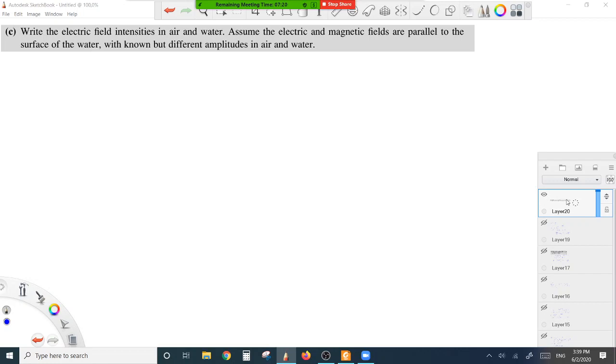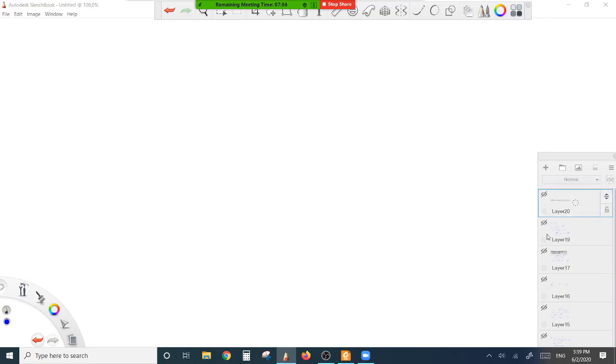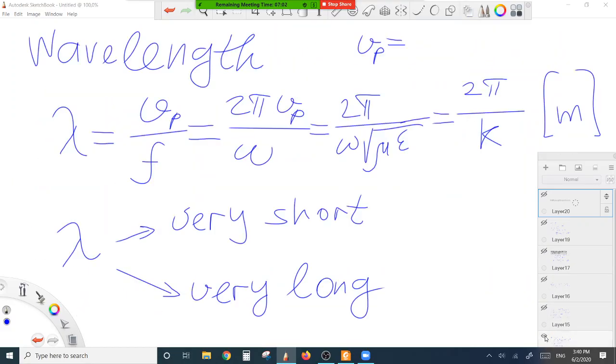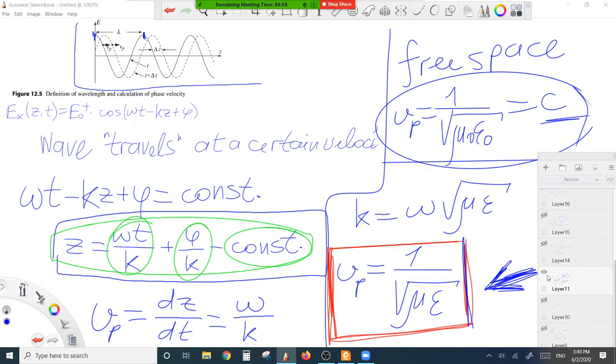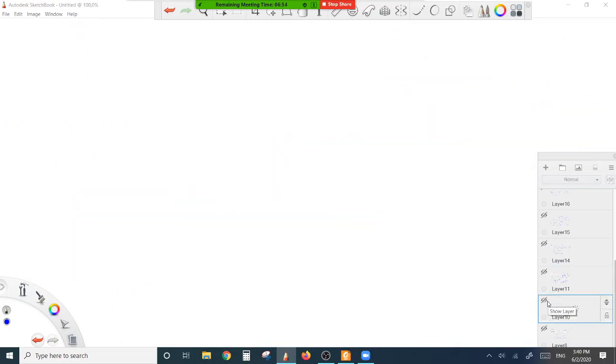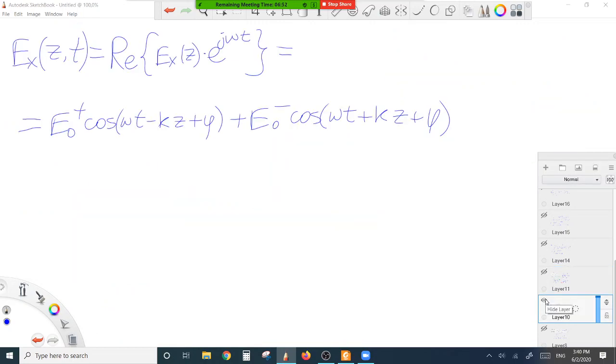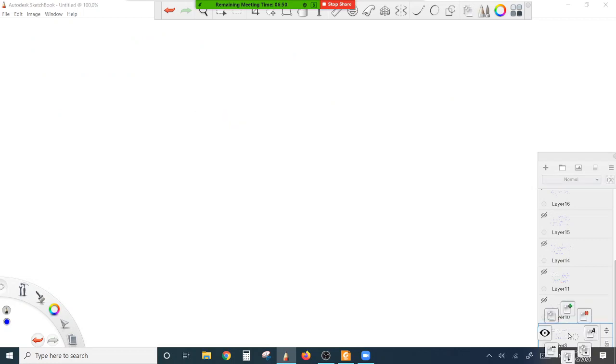Now, let's use the equation which we wrote for electric field, or in other words, the general solution which we wrote.